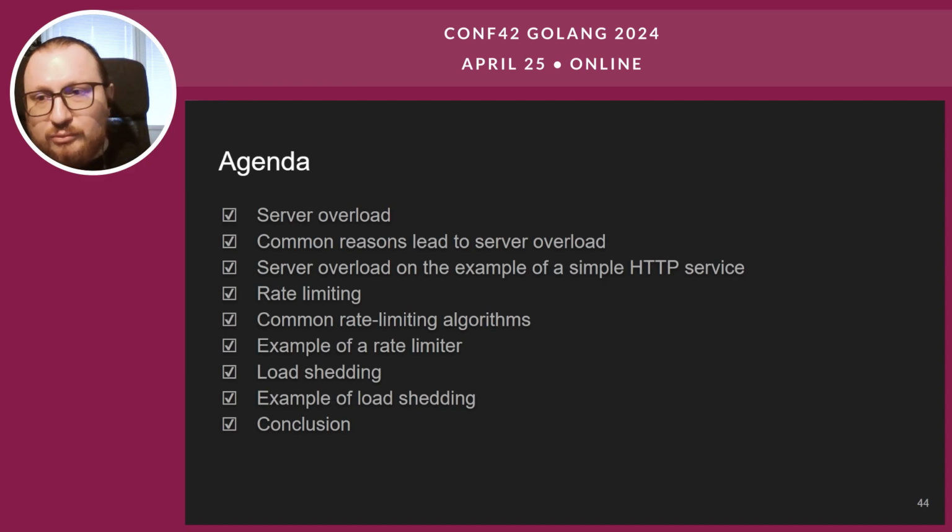We then reviewed two key techniques to make your systems more resilient: rate limiting helps control incoming traffic and prevent overload before it happens, and load shedding acts as a safety valve, gracefully degrading service during extreme traffic surges to maintain overall system stability. Understanding and implementing these techniques ensures your services stay healthy and responsive even under heavy load.